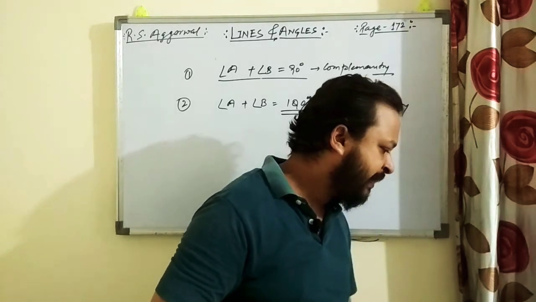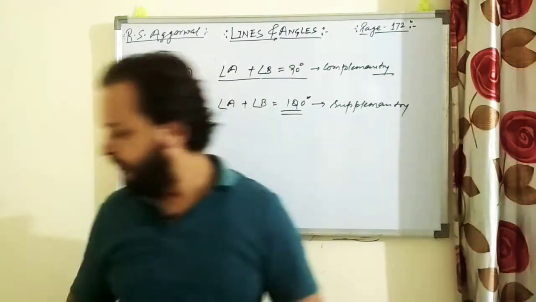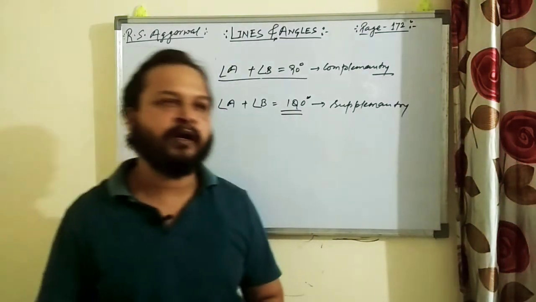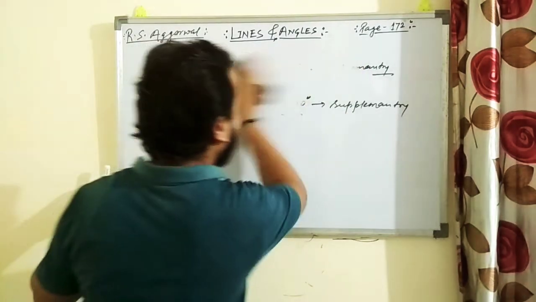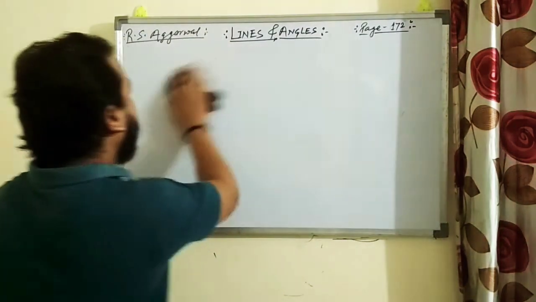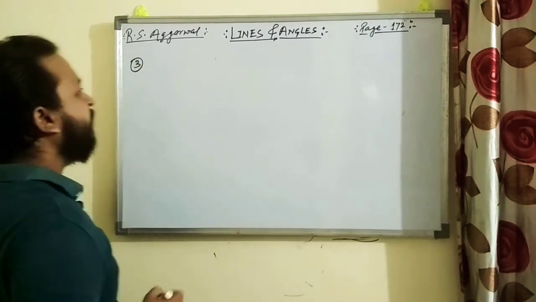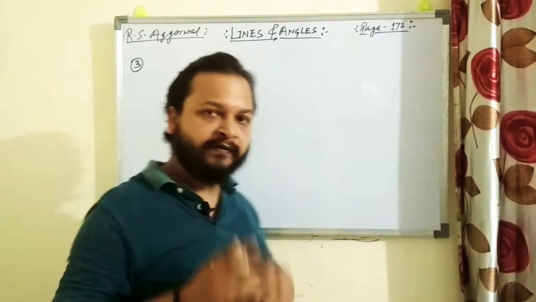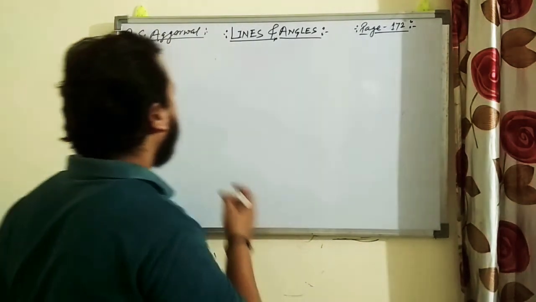Among two supplementary angles, the measure of the larger angle is 36 degrees more than the smaller angle. Right? So in question number 3, it is given that the measure of the larger angle is 36 degrees more than the smaller angle, right?